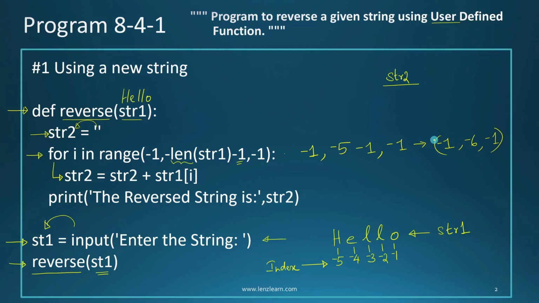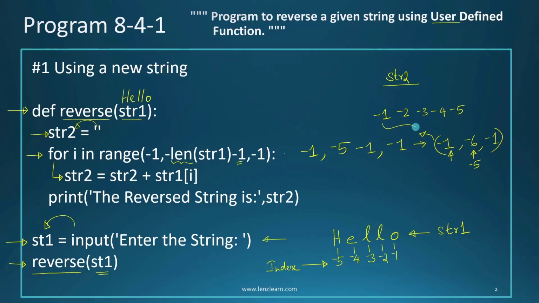Now let us see the values produced by this range operator. The first value is -1 because the start value is -1, and it goes up till -5, so -5 will be the last value, and the step value is -1. The values in between are -2, -3 and -4.